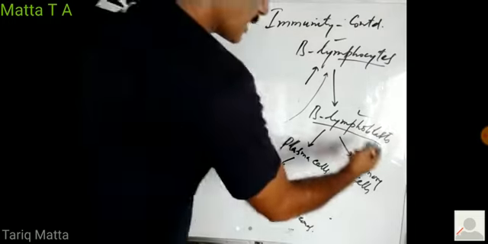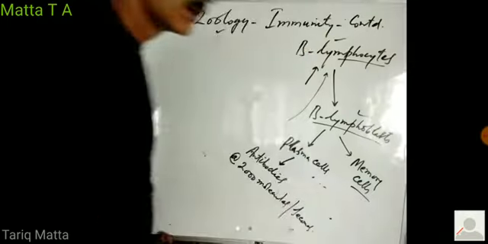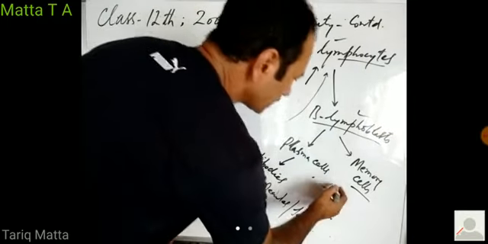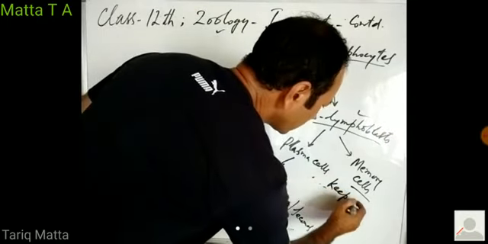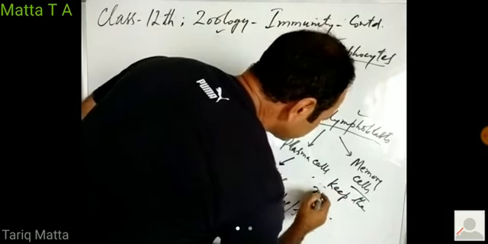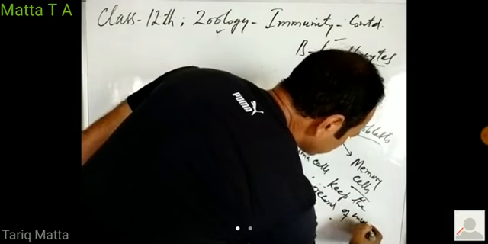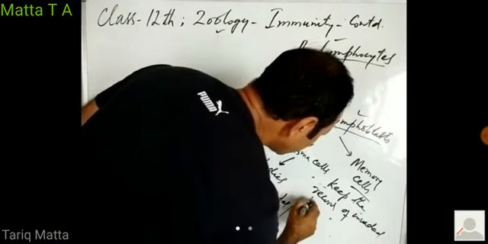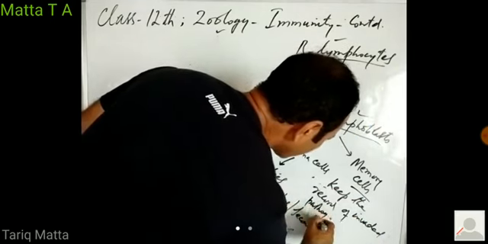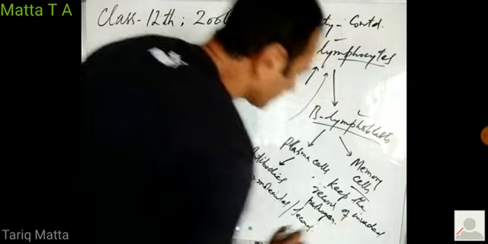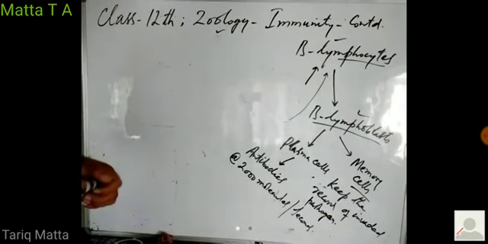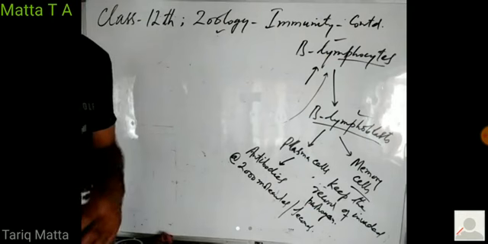Similarly, B lymphoblasts also form memory cells. These memory cells keep the record of the invaded pathogen for varying periods of time. So they provide us immunity for varying periods of time.